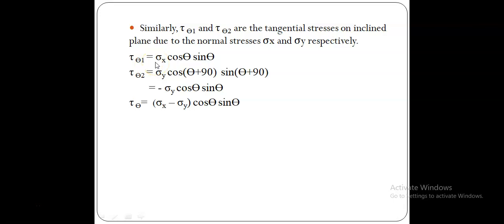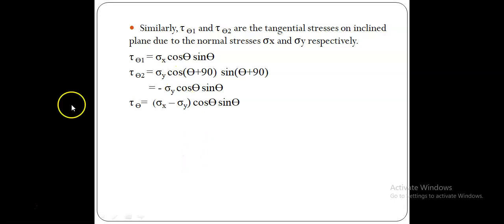In which case tau theta 1 becomes sigma x cos theta sine theta, as in the previous case. Like that, tau theta 2 is sigma y cos of theta plus 90 into sine of theta plus 90, and therefore it becomes minus sigma y cos theta sine theta.